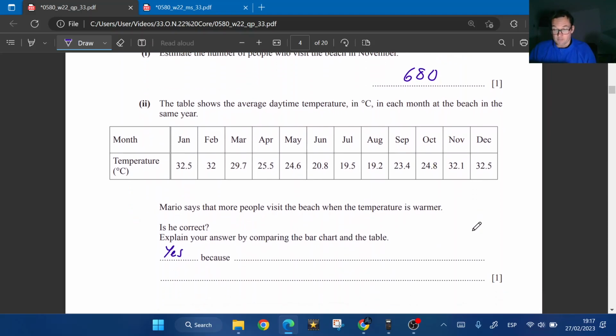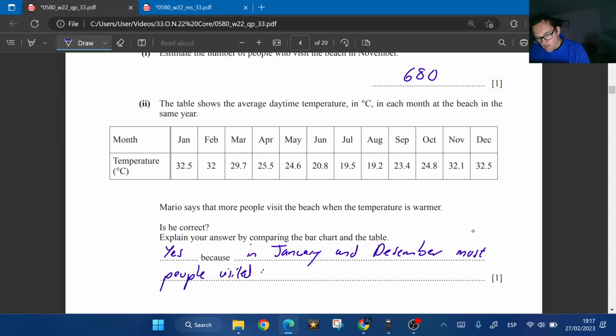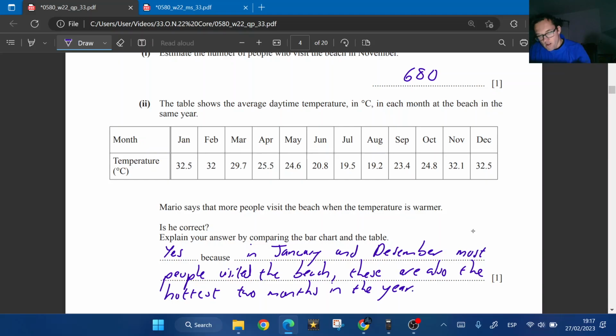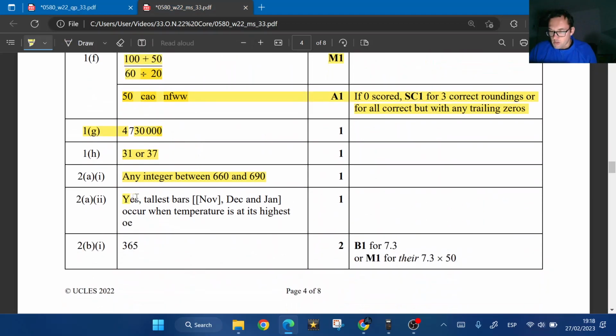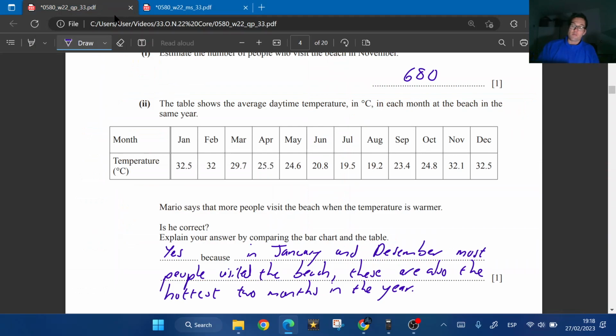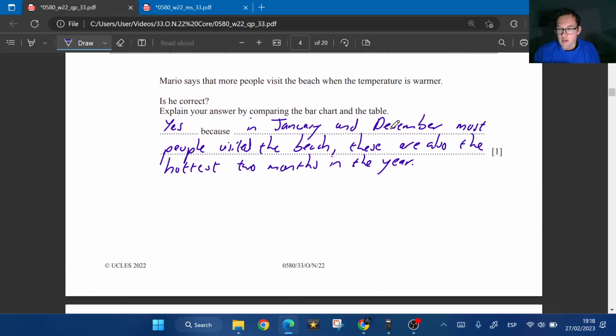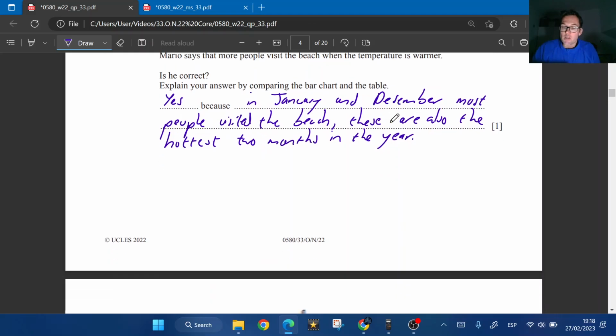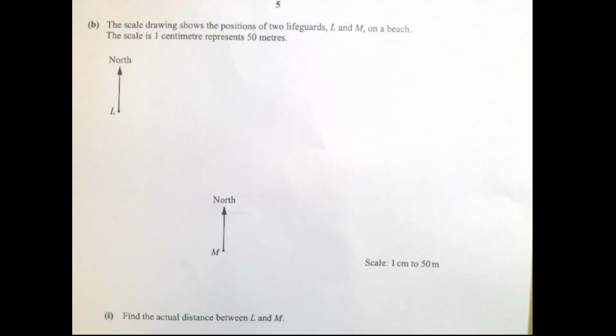That's what I would write. My handwriting there is not very beautiful, but it should do it. Yes, tallest bars November, December and January occur when temperature is at its highest or equivalent. So I believe I get the mark there. Name the specific months, that's important.